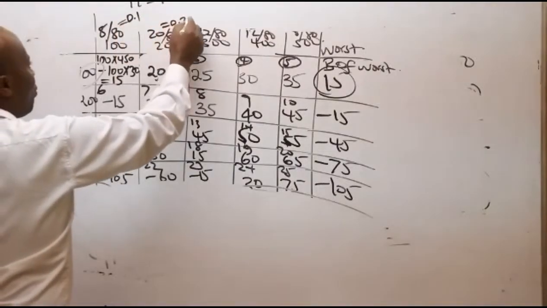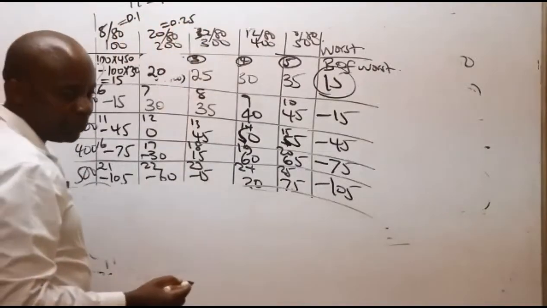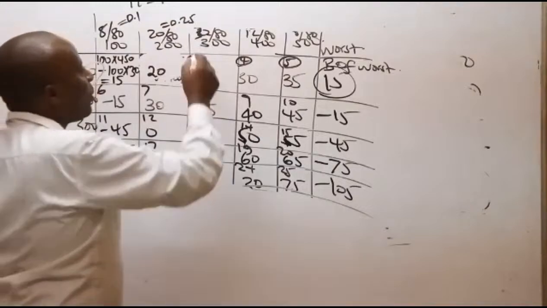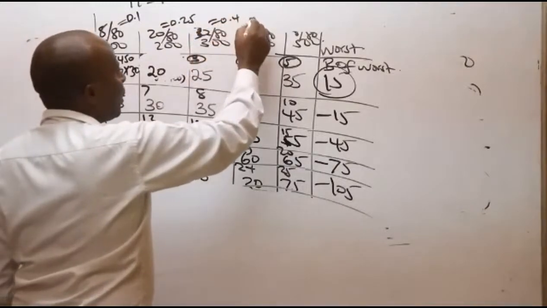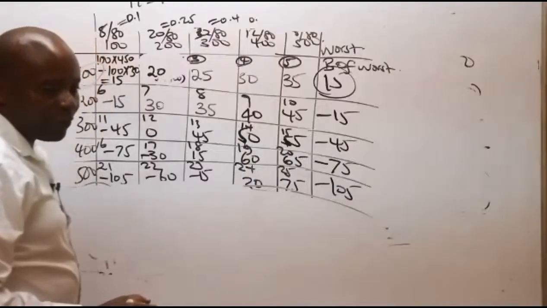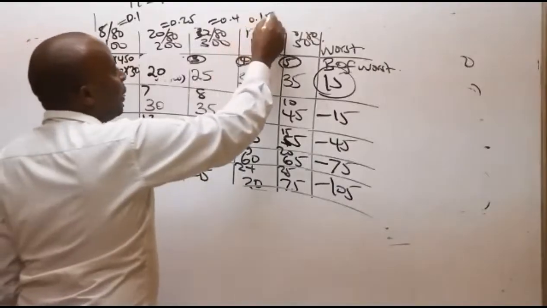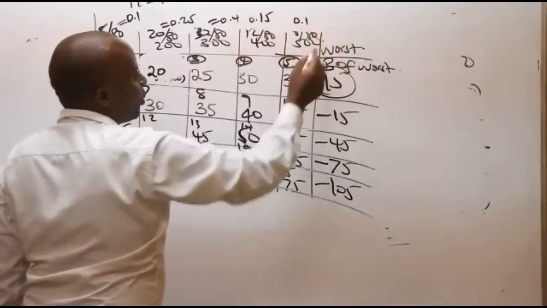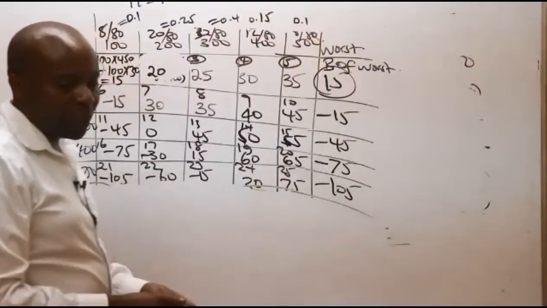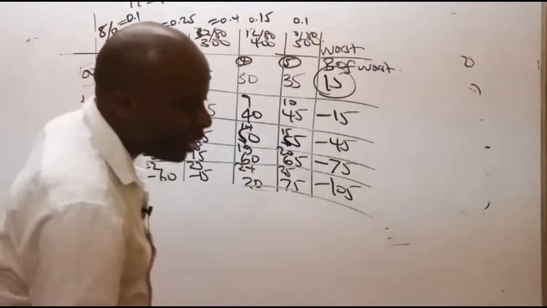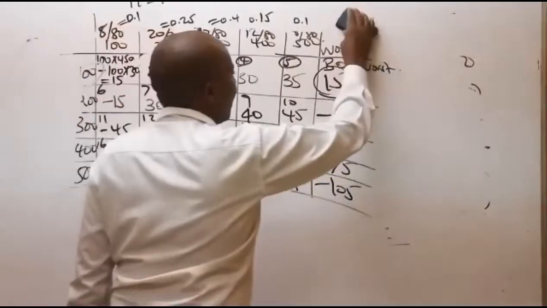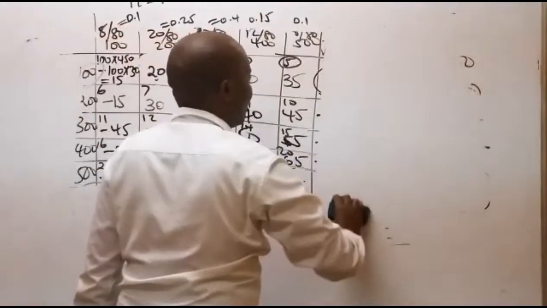This gives us 0.25. 0.4. 0.15. Then lastly, 0.1. So now out of this, I should be able to get expected monetary value for them.